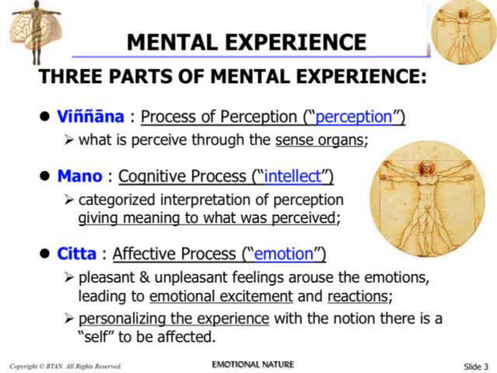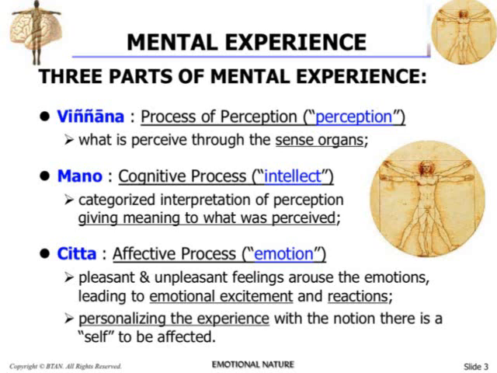The second word that the Buddha used to describe the mind is mano. Mano basically is the cognitive process, the thinking process of the mind. It is the activity of the part of the brain that is doing the thinking, the cerebral cortex. I'm going to show you later on how the correlation between these mental experiences and the actual brain structure as we know it today according to today's science.